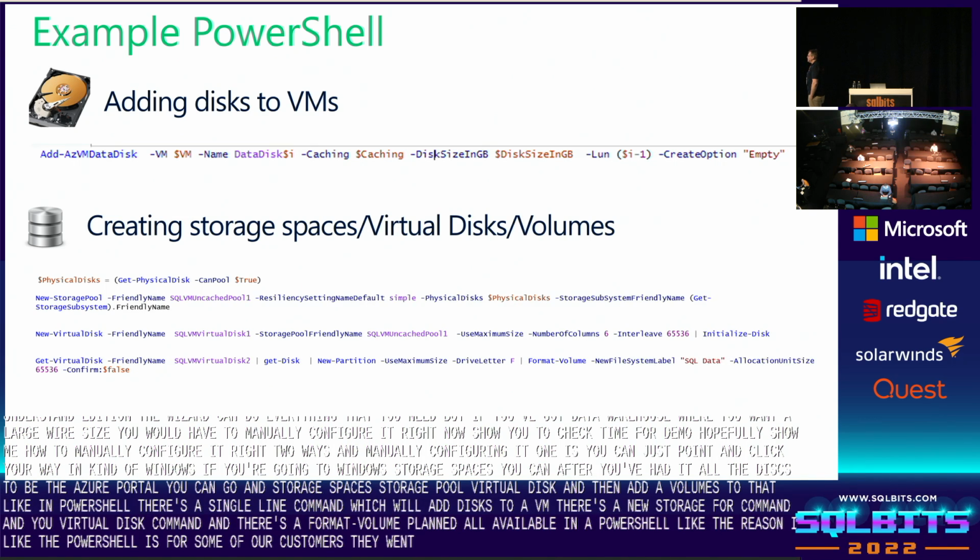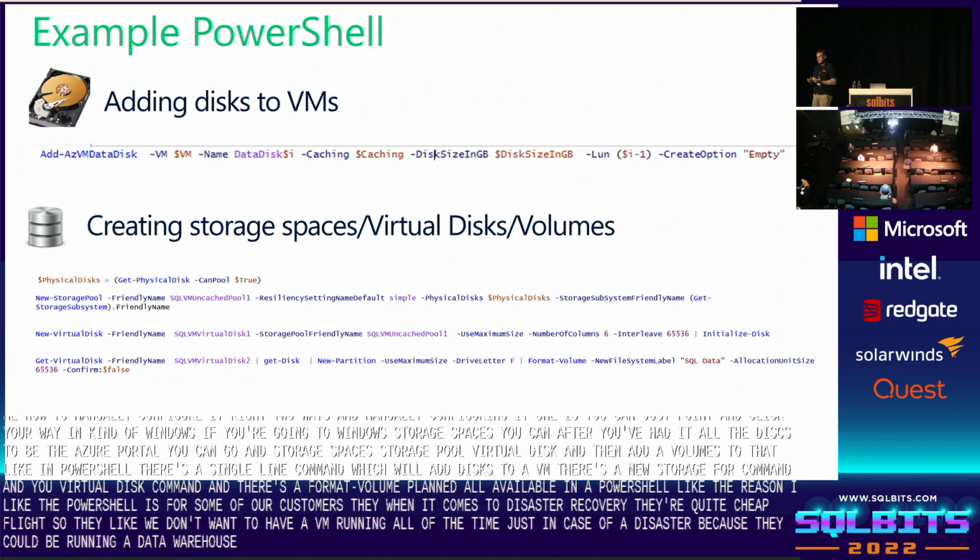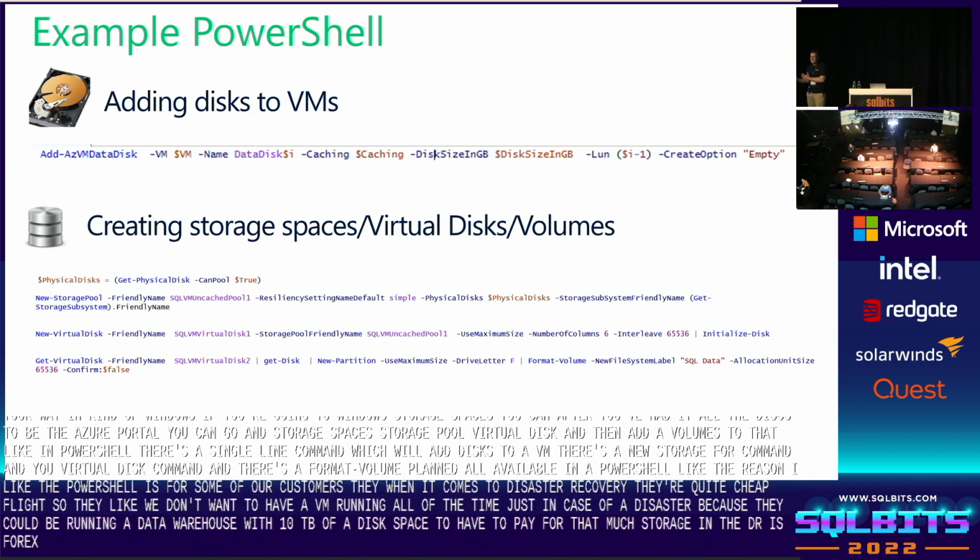The reason I like PowerShell is that some of our customers, when it comes to disaster recovery, are quite cheap. They don't want to have a VM running all of the time just in case of a disaster, because they could be running a data warehouse with 10 terabytes of disk space, and paying for that much storage in the DR is very expensive. So in their DR site, they have no storage.